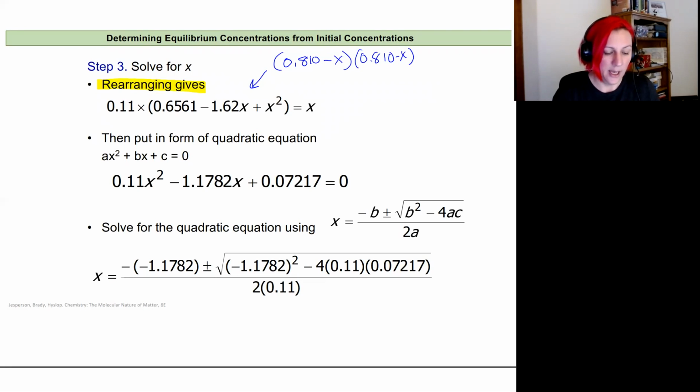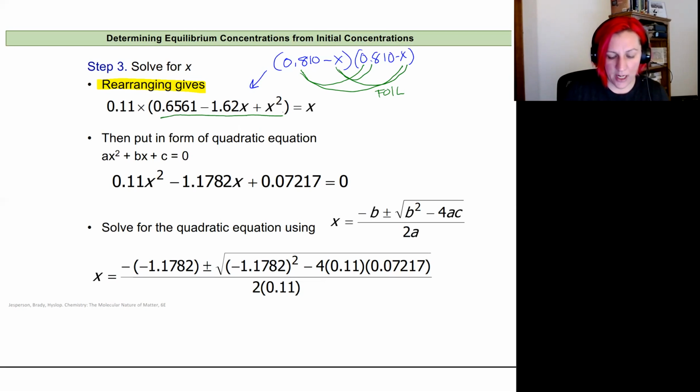And remember from back in algebra, we first multiply our firsts, and then our outer, then our inner, and then our last, FOIL. And as we multiply those out, we're going to get this expression right here.